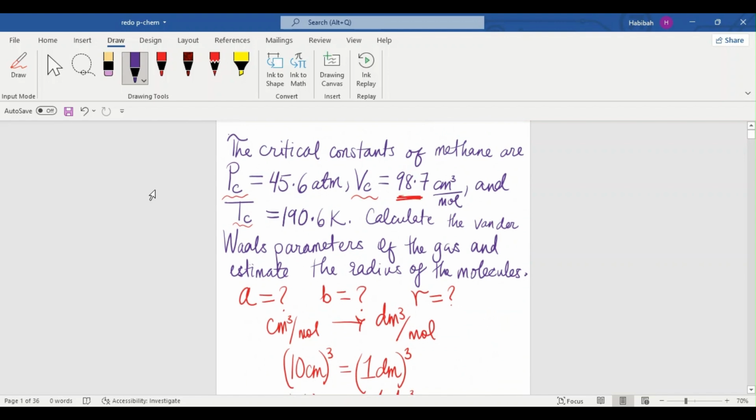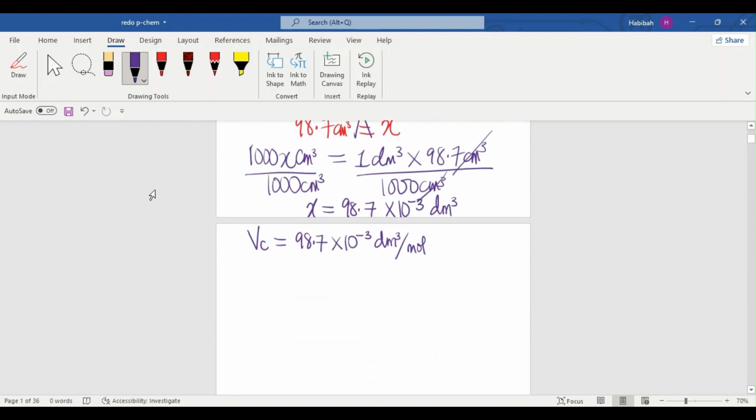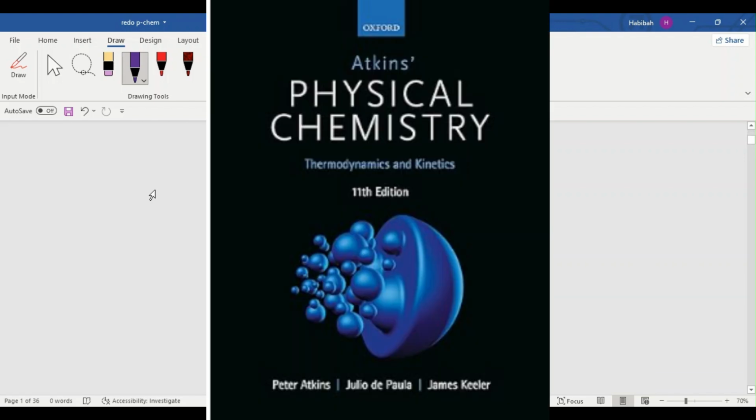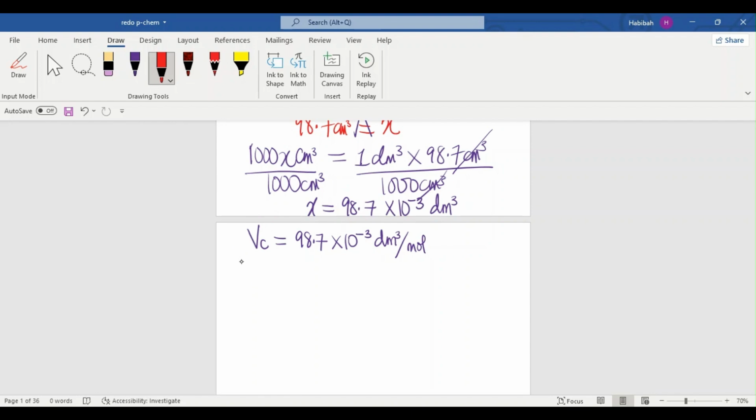To determine what B is, we have to go back to our textbook. I'm using the Physical Chemistry Atkins textbook, and in it, we know that the formula for the critical molar volume Vc for van der Waals gases is equal to 3B. So the parameter B can be found because we know the value of Vc.